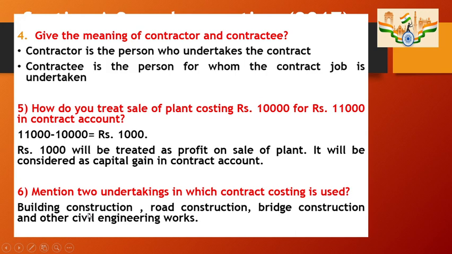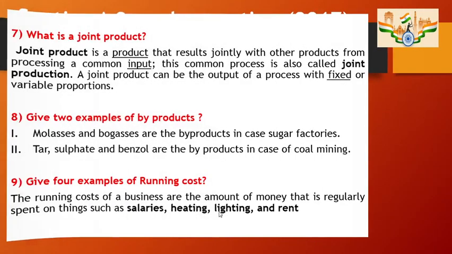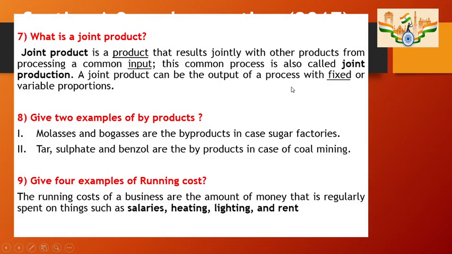Mention 2 undertakings in which contract costing is used: building construction, road construction, bridge construction and other civil engineering works. What is a joint product? Joint product is a product that results jointly with other products from processing a common input. This common process is also called joint production. A joint product can be the output of a process with fixed or variable proportions.